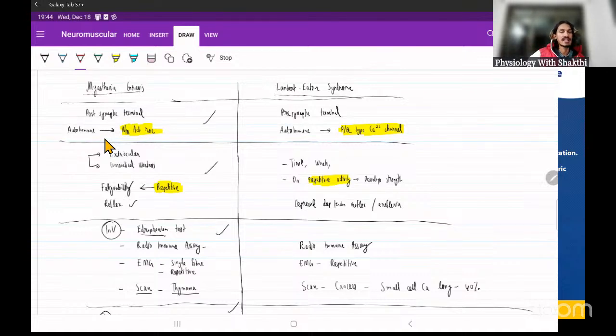What part is getting attacked? The nicotinic muscle type acetylcholine receptor we saw. On the other hand, in Lambert-Eaton, the problem is the P/Q type calcium channels in the presynaptic terminal. So this is the presynaptic terminal that is getting affected. As a result, what is the problem? In myasthenia gravis, once acetylcholine comes, it binds to it.